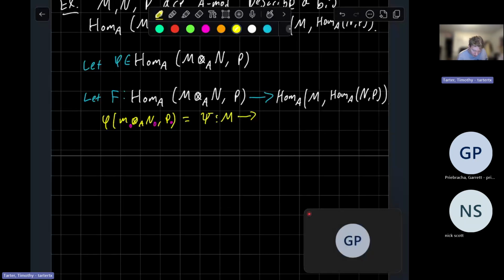Does anybody know or have an idea of what I should fill in here? I don't.